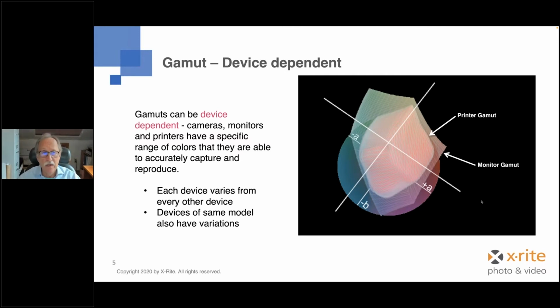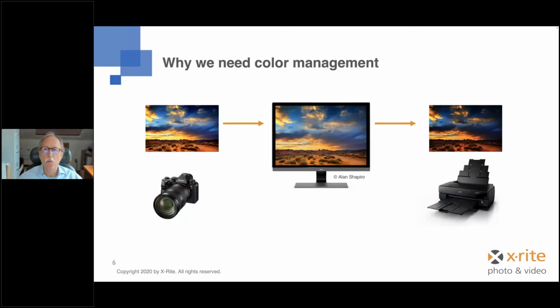Then you throw in other things, like the media you're printing on, and the gamut can theoretically shrink further. So it's a very important thing to start with, because even devices of the same model differ. I go into facilities that may have 2 machines that in theory are identical, and we print and look at the gamut to see what they can actually print, and there are differences. So very important to understand that. So why do we need color management?